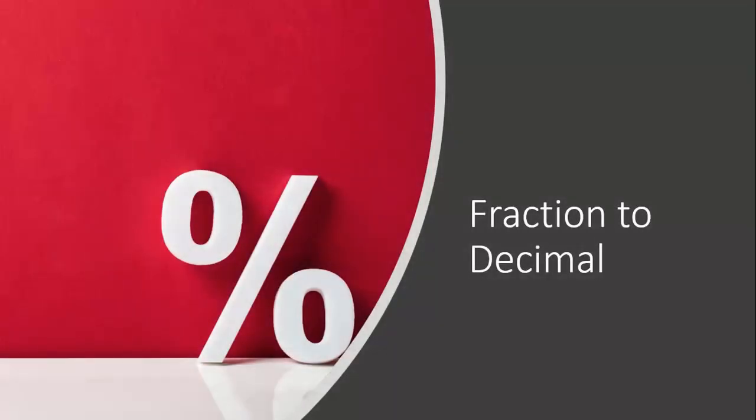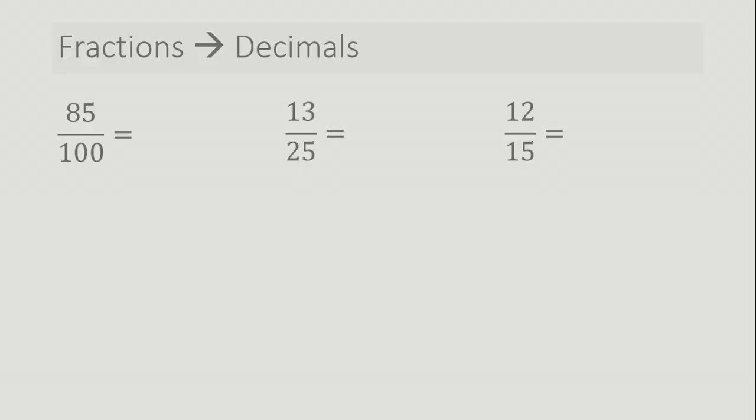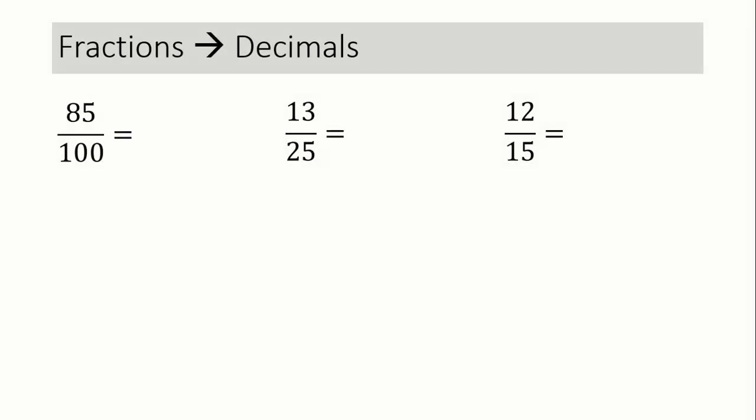All right, next up, we're going from a fraction to a decimal. There are a few ways you can do this. A lot of students will go through a percent to get to a decimal. That's pretty smart, so let's look at that method here. 85 over 100, or 85 out of 100, is equal to 85%.